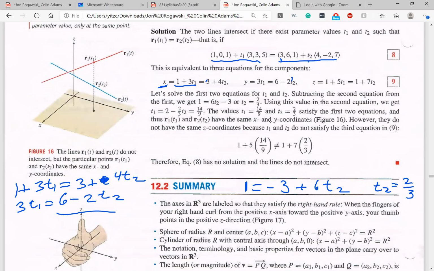And at this point, we have that R1 and R2 have the same X and Y coordinates, because we were using this equation and this equation to find T1 and T2.